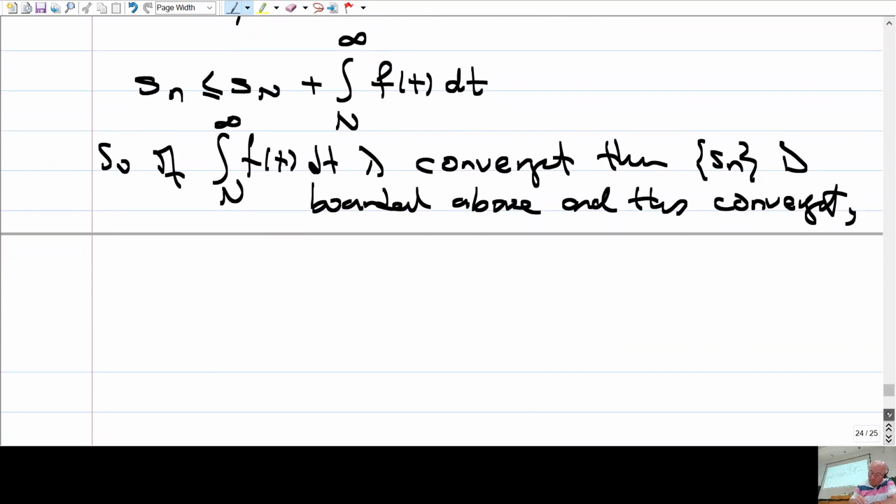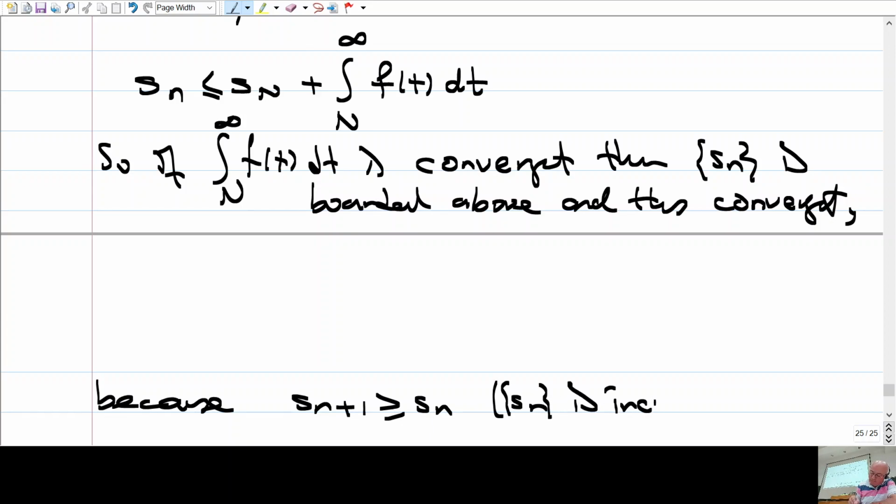because sn plus 1 is always larger than sn, so sn is increasing. Since it is a monotone sequence, it is increasing.